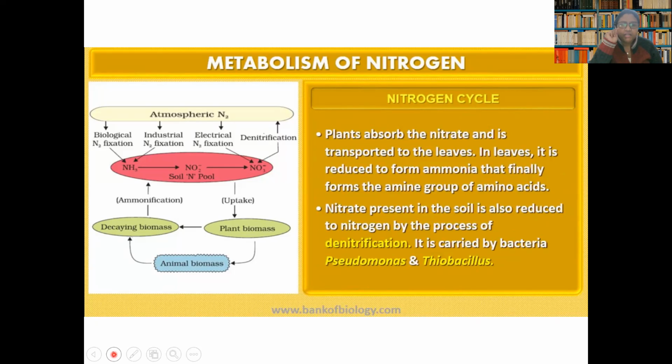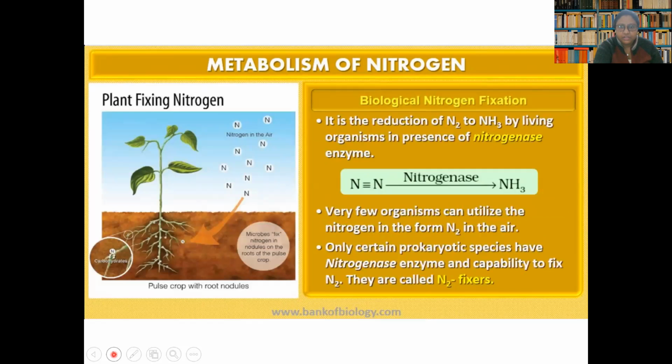The way nitrogen fixation is important, in the same way denitrification is also important, because otherwise all atmospheric nitrogen will be fixed into soil, and then it can be utilized by other microbes and can be deficient for plants to use. So Pseudomonas and Thiobacillus are denitrifying bacteria. They do this work.